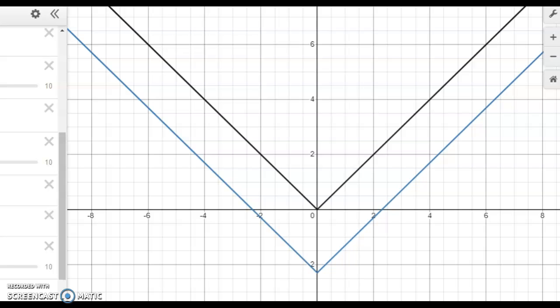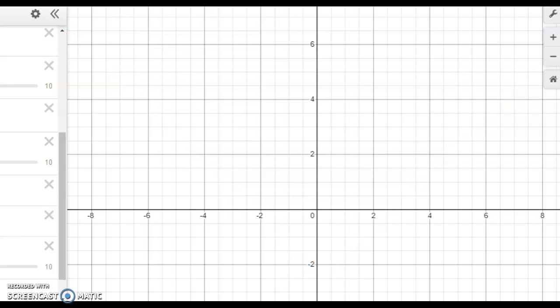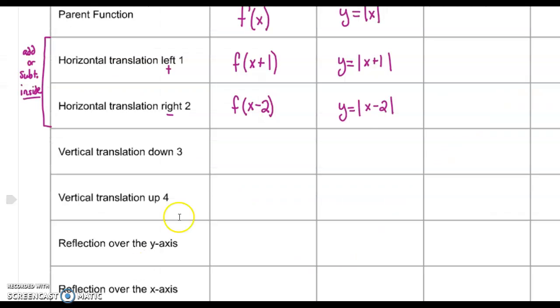That's a vertical translation, a movement up or down. It doesn't change how steep it is. It doesn't change anything about it other than where it is. So how the vertical works is you are adding or subtracting.